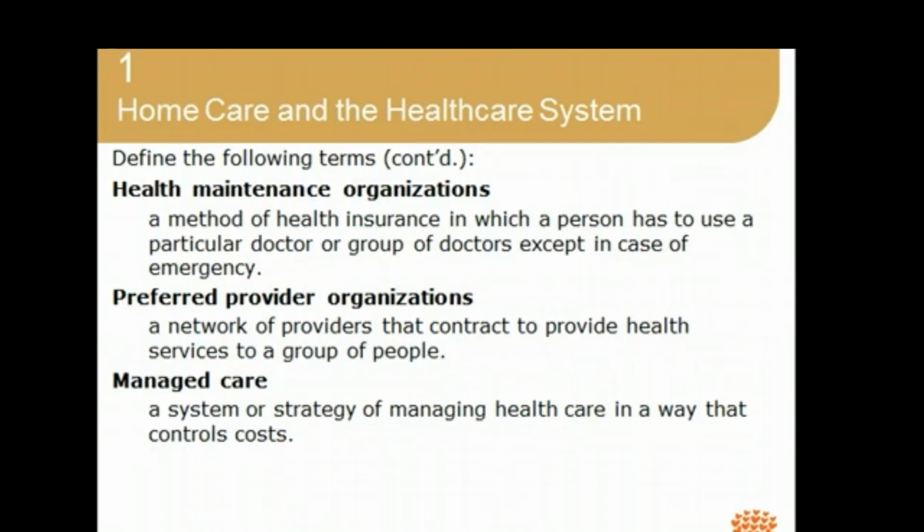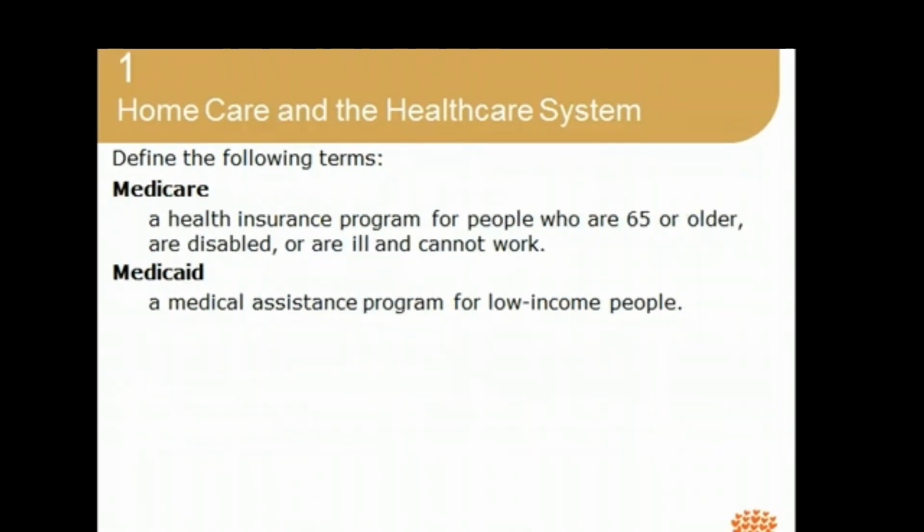I left quite a few of these definitions in here, and you can review them as you go over the slides. I want to make sure that we're clear about Medicare and Medicaid. This is a health insurance program. Medicare is a health insurance program for folks that are 65 or older. It's also for folks that are disabled or cannot work.